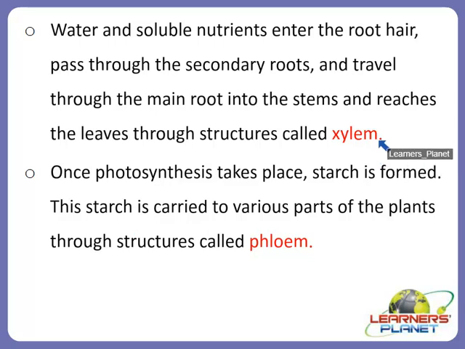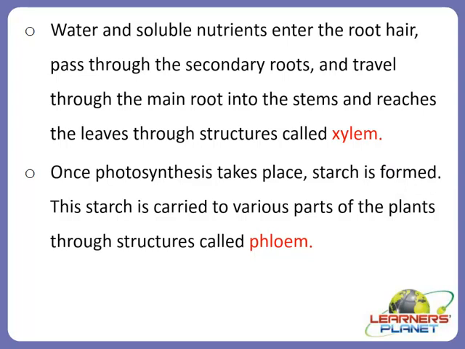Water is carried by this tissue and food is carried by this tissue. So both these tissues are very much important for the transportation and translocation of water and minerals, and food, respectively. So this is all about the root system.